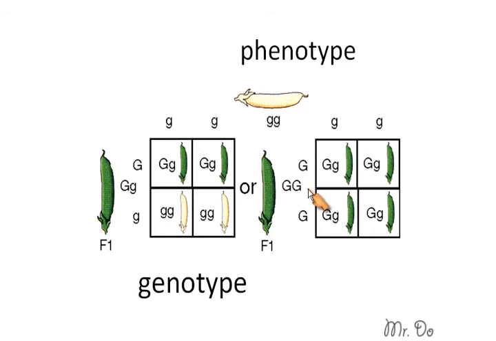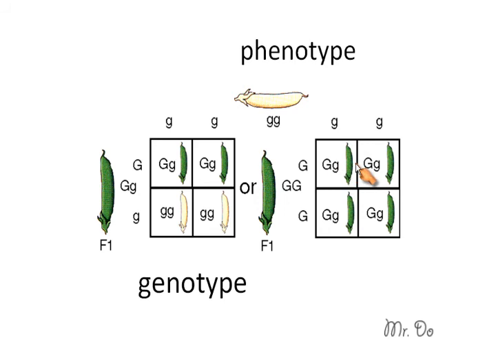So when you have a big G and a big G, the allele is going to separate one G here, and when you cross it with the yellow one, you have a G here and a small g here. When you cross them together, you take one from each parent and you put them together, then you determine the phenotype.